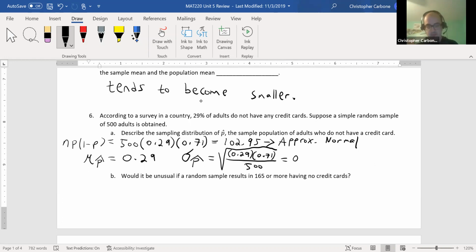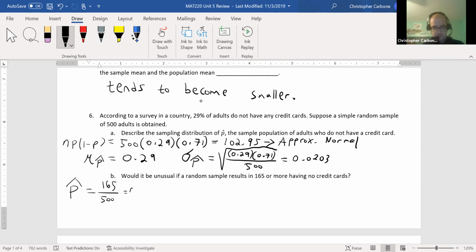This is about 0.0203. And we want to know, is it unusual if a random sample results in 165 or more having no credit cards? So the value of p hat is going to be 165 out of 500.